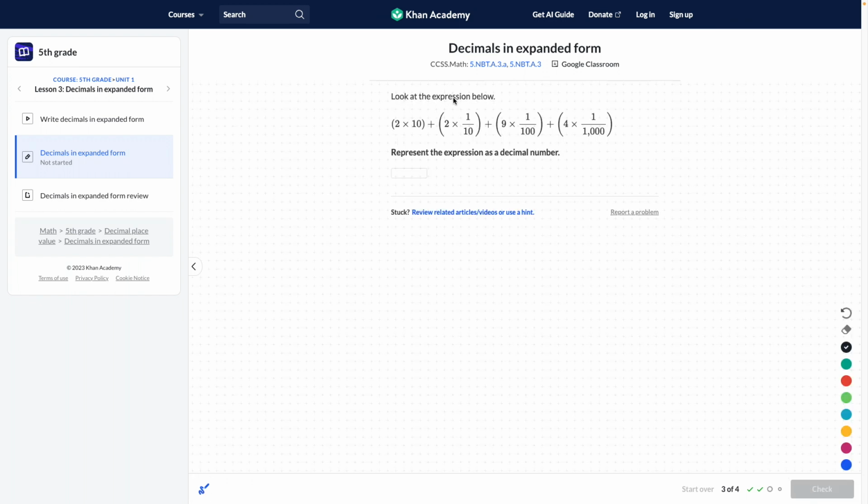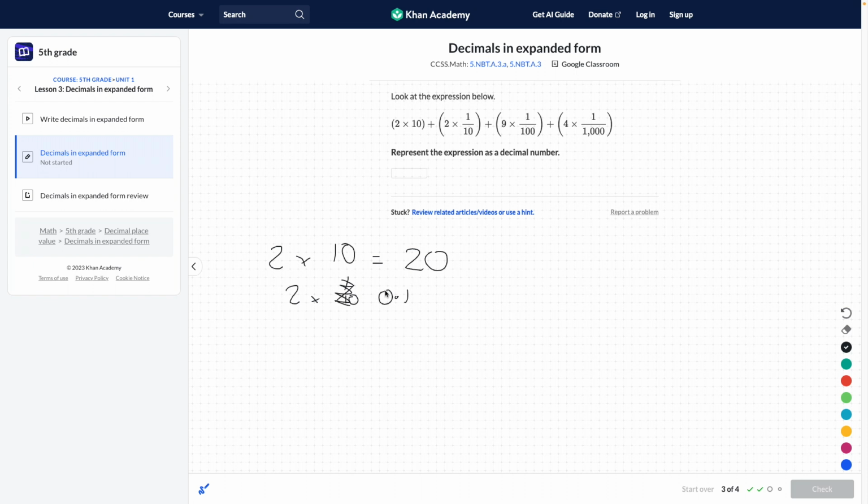And look at the expression below, represent the expression as a decimal number. Okay, so we're kind of doing the opposite now. So we've got 2 times 10 is equal to 20. And now we have 2 times 1 over 10. Well, 1 over 10 is equal to 0.1.